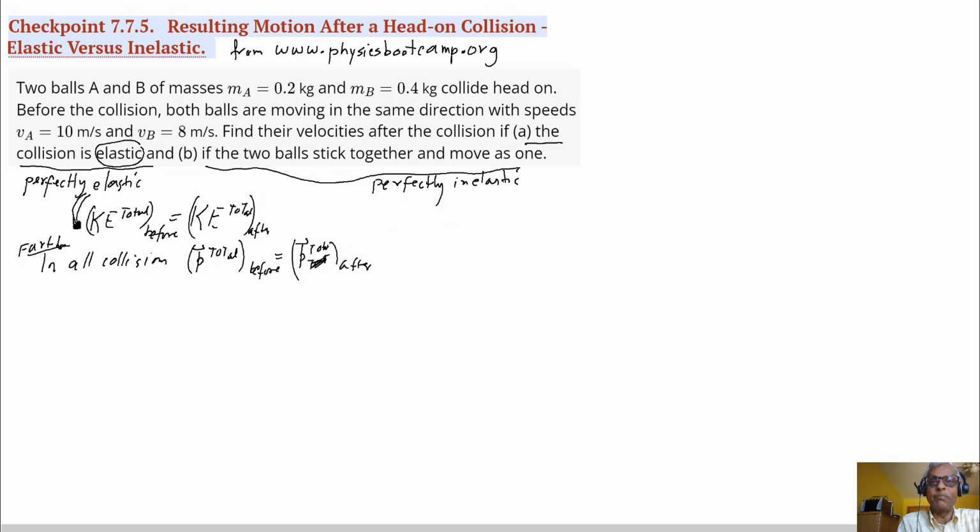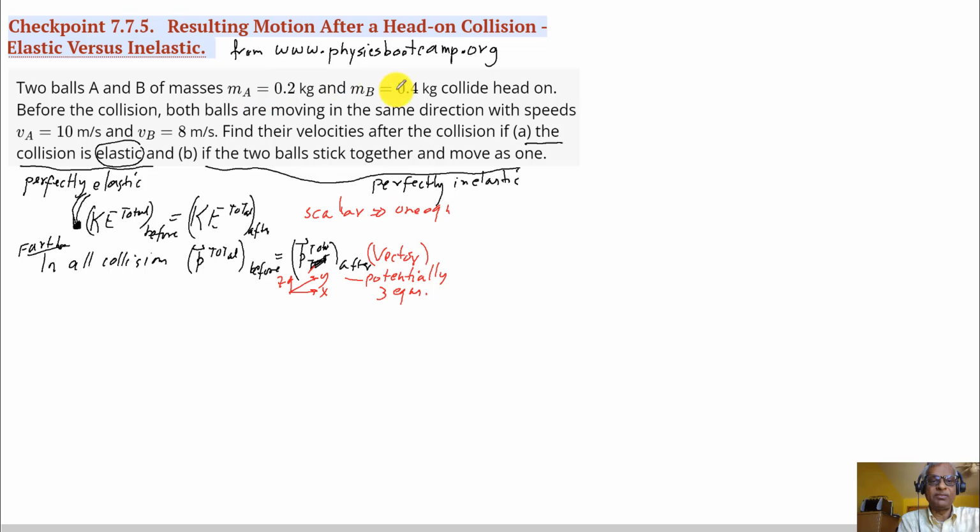This is a vector equation. So there will be one along the x-axis, one along the y-axis, one along the z-axis, and kinetic energy is a scalar, meaning one equation. So potentially three equations you can get out of momentum.